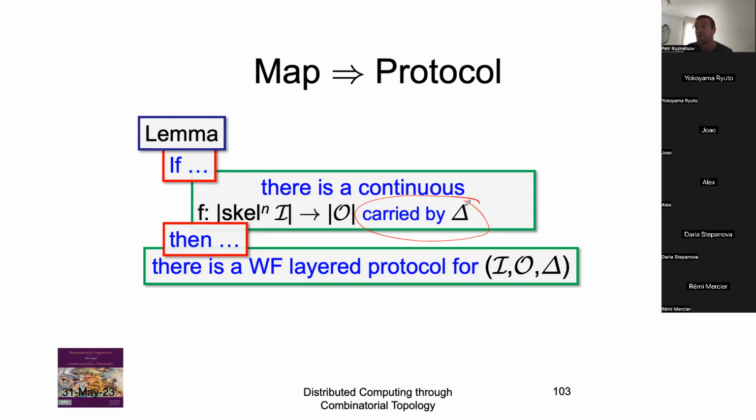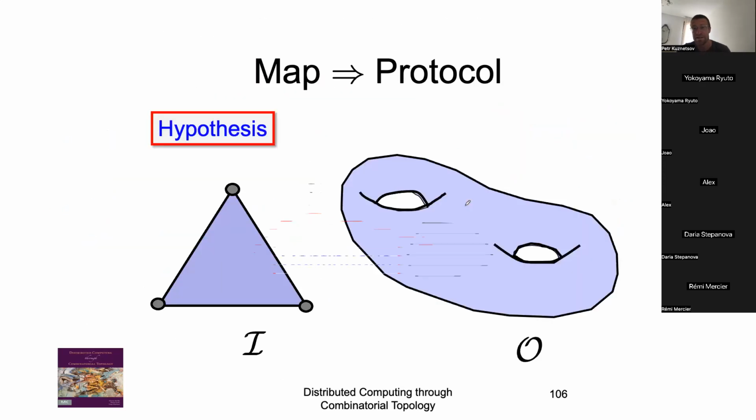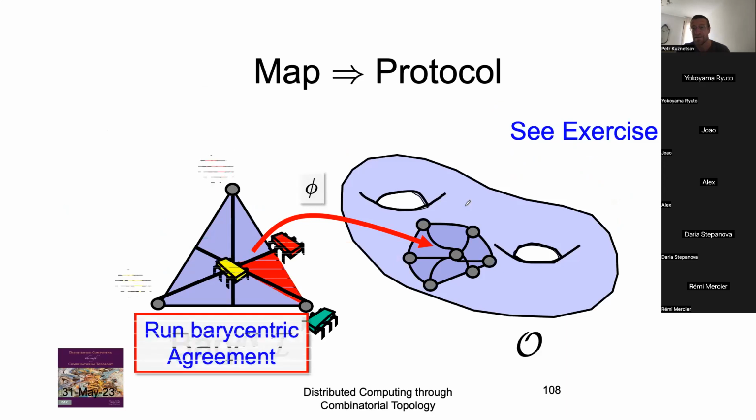Should be carried by delta, it should respect the task specification. And this is something you need to prove in the exercises. You can see the exercise to show that indeed one implies the other. The fact that the continuous map you want to approximate is carried by delta implies the fact that the simplicial approximation is carried by delta.